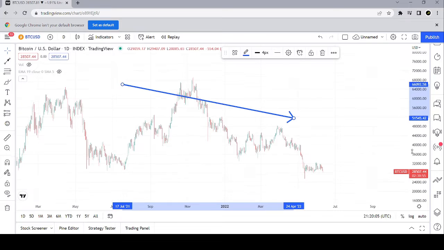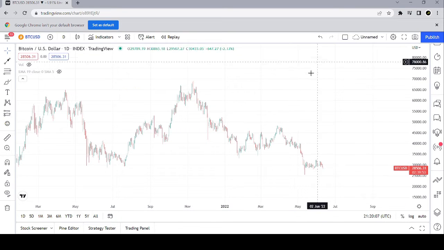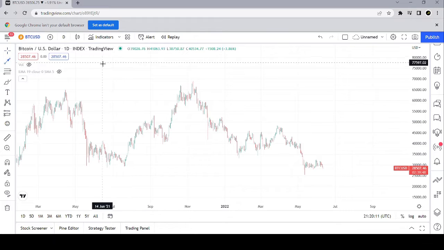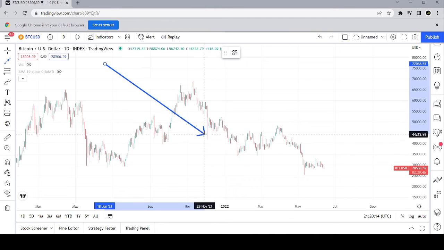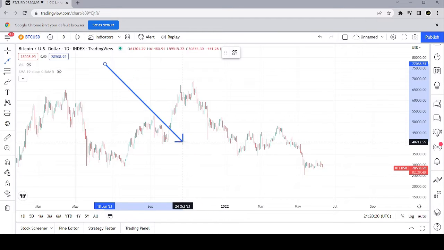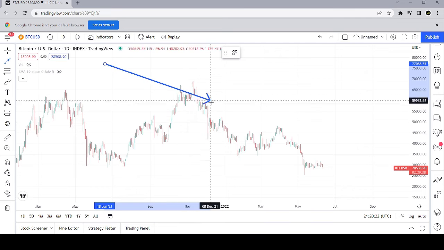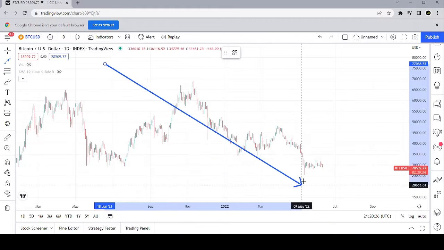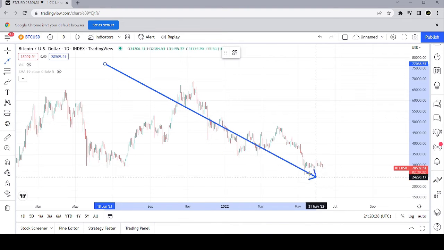That is a possibility. Now, these intermediate fractals or lows here don't always show up. They're random, so I can't tell you definitively. But I personally, at this point in time, lean to this is wave one, this is wave two.